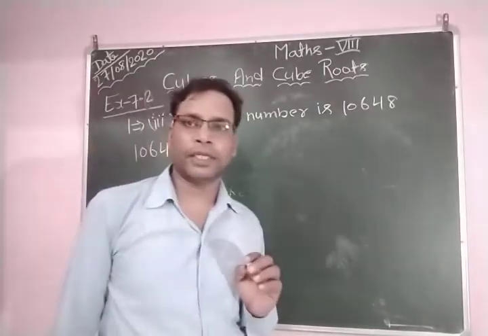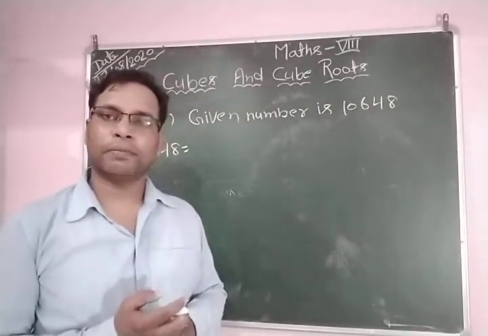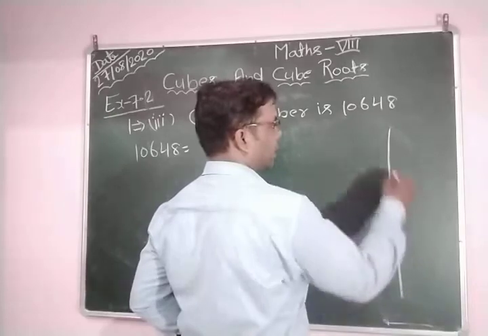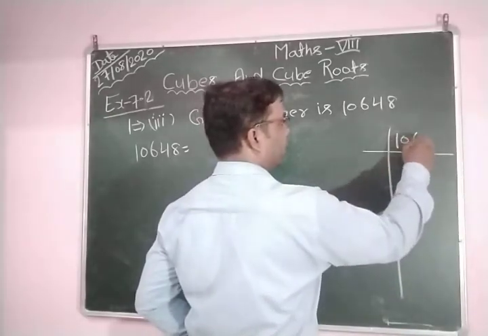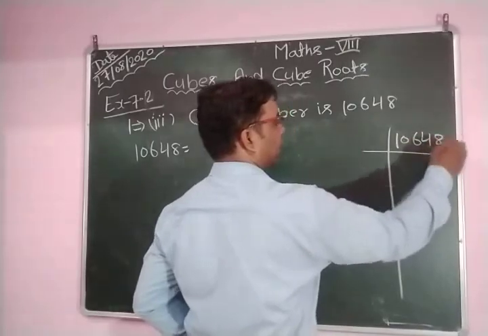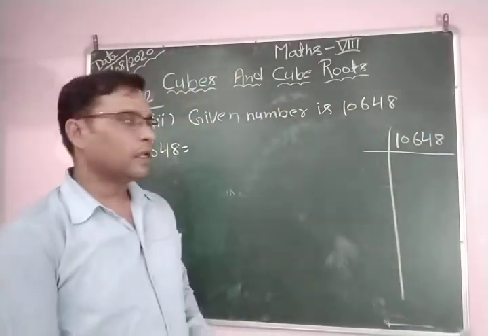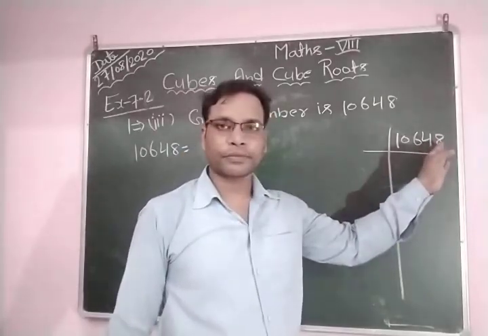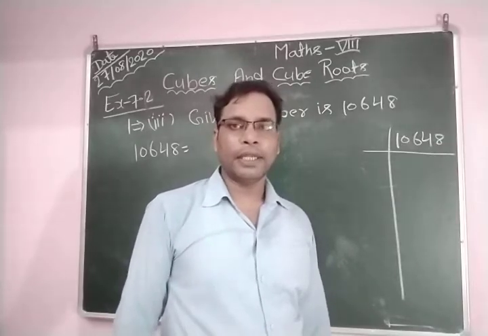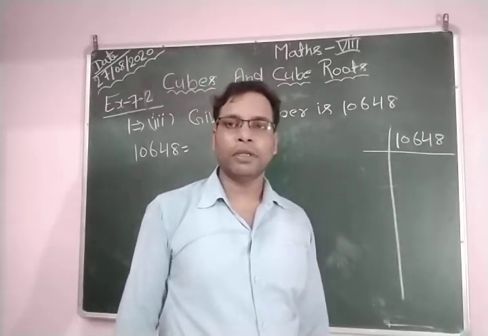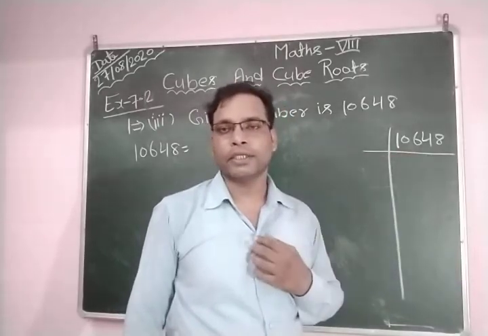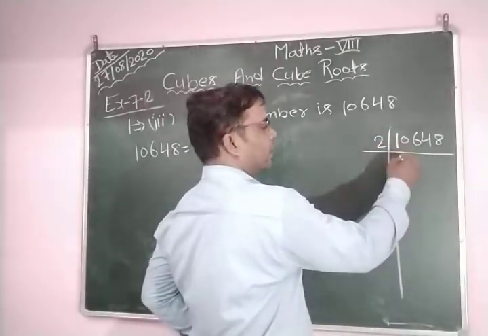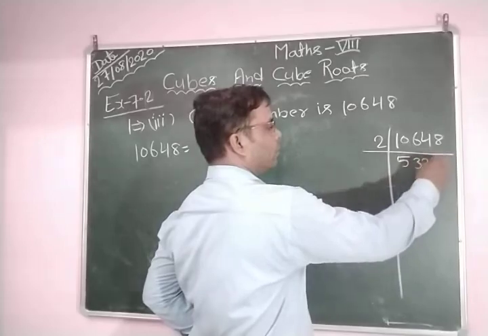For this we take help of the prime factorization method. Here in this method we find the prime factors of 10,648. You can see the units digit is an even number. It means the smallest prime number that divides 10,648 is 2. 2 divides it and gives 5324.